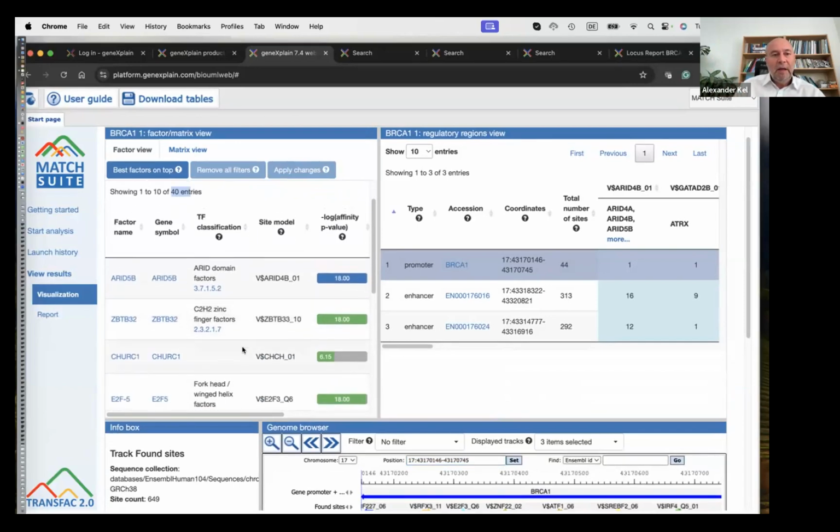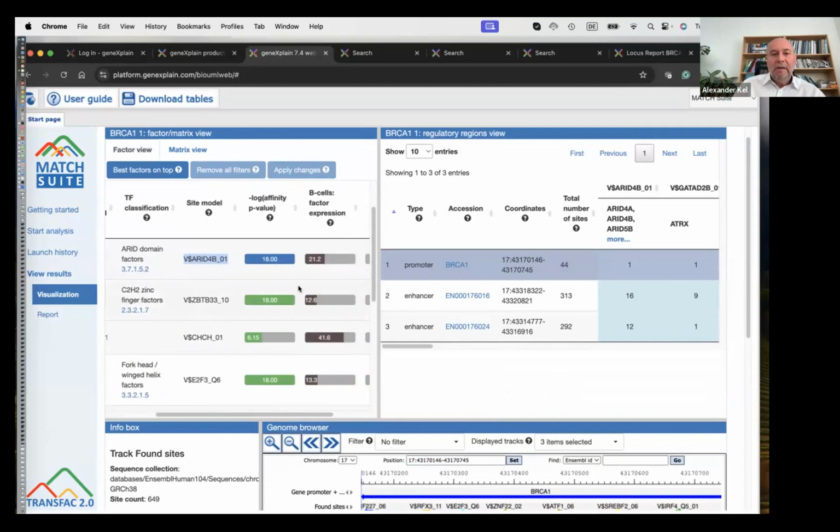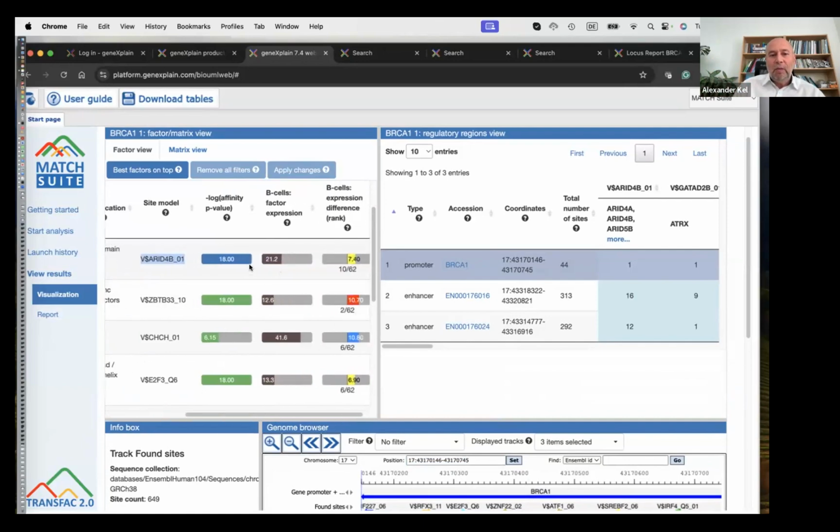And here you see the view, basically the factor name, the name of that particular motif, so positional weight matrix. And then we have here a number of columns. First column is actually showing you the overrepresentation or enrichment of that motif in that one promoter.